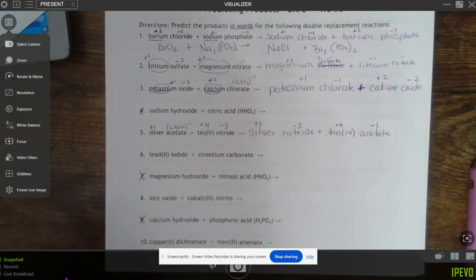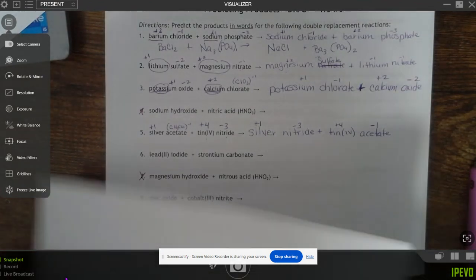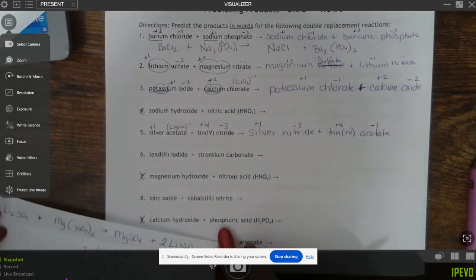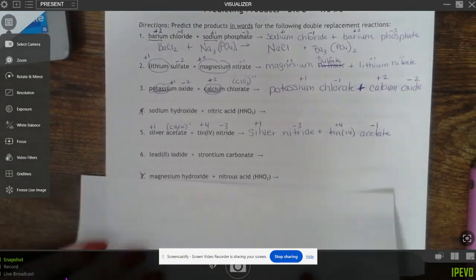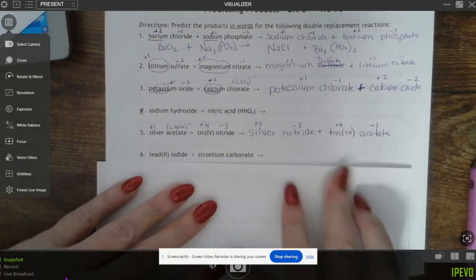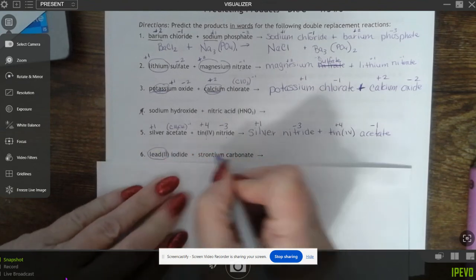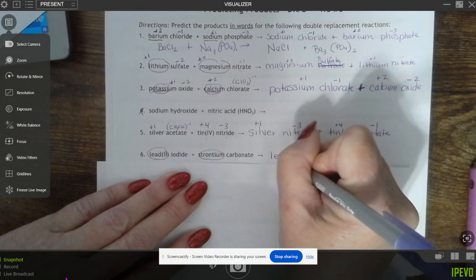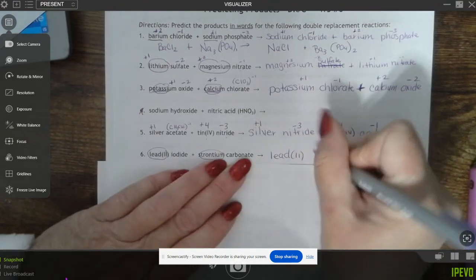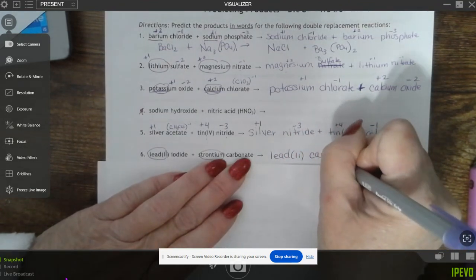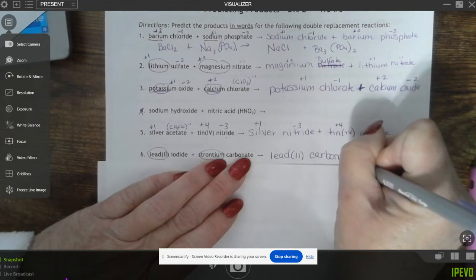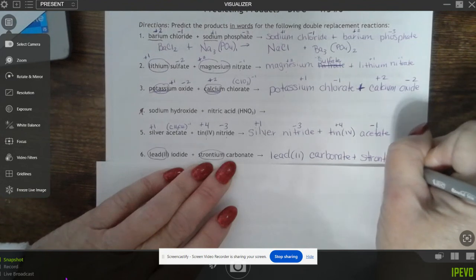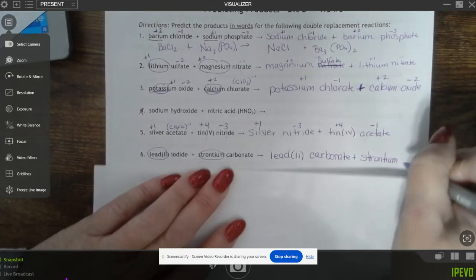All right, let's go to number 6. So we are going to switch lead 2 with strontium. All right, so I'm going to have lead 2 carbonate plus strontium iodide.